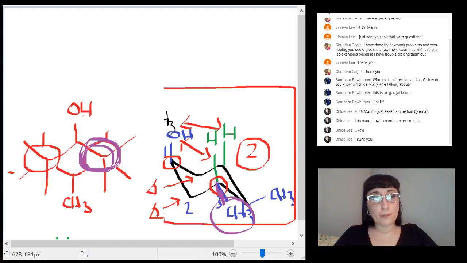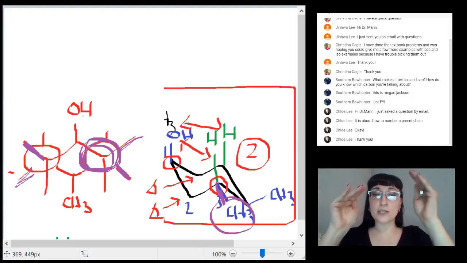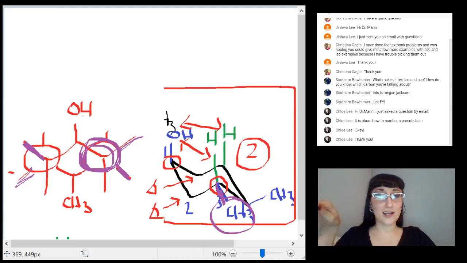Now notice, each of the bonds that we see on the Newman projection are showing you axial or equatorial, right? On those circles, like this one, and this one, and that one, and that one are all equatorial. They're pointing out to the sides. They're still pointing up or down, but on an angle out to the sides.